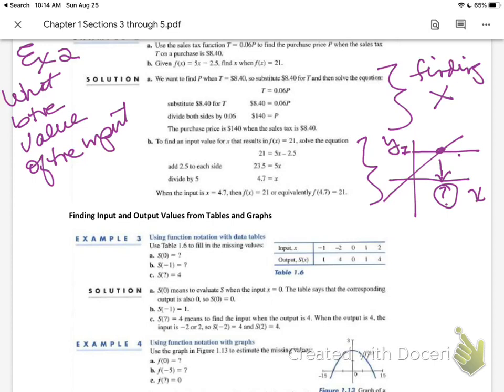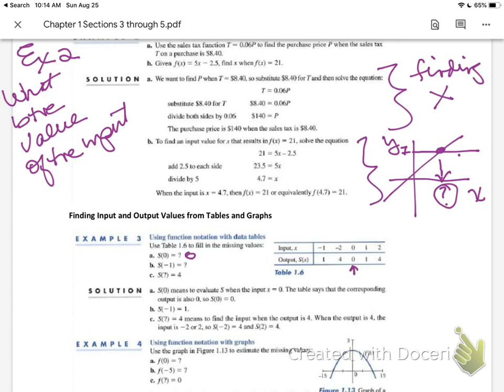Okay, so now let's look at tables and graphs a little bit more. Example 3 says, using function notation with data tables. So use table 1.6 to fill in the missing values. This is telling me my inputs. The inputs are in parentheses. So they want to know when the input is 0, what is the output? So the output is right here at 0.